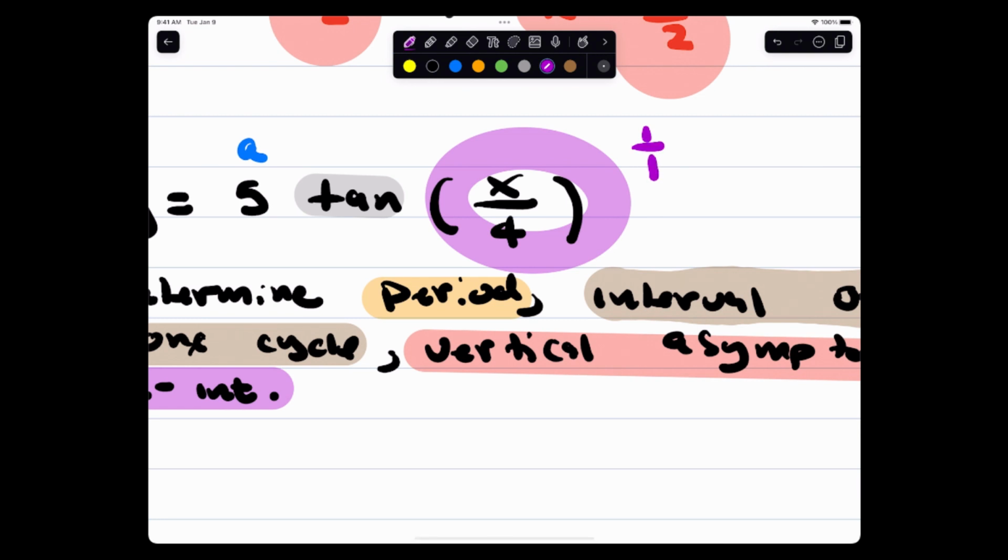You have to write it as 1/4 x. Does anybody know why? Because the number multiplied to x, what is that? The number is not 4, it's 1/4. That's your k value. Is that right? You guys with me on that? That's k.